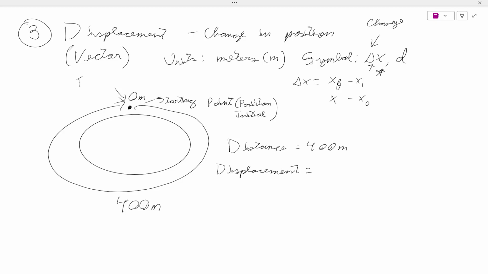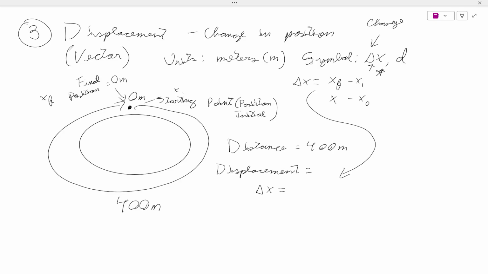So our final position, and this is very important to keep in mind, is 0 meters as well, right? So this would be our x final, and this would be our x initial. But notice how they're both the same. Let's do the actual equation.